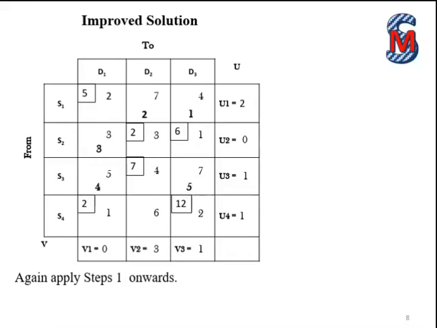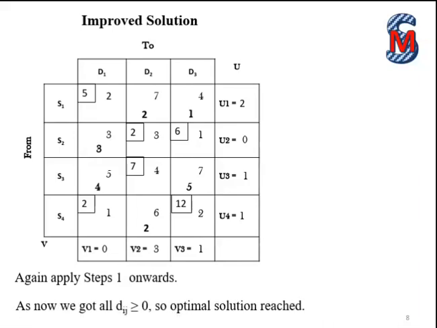Now S4D2 cell cost 6, U4 is 1, V2 is 3, 3 plus 1, 4, 6 minus 4 is 2. Here we can see that we got all Dijs greater than or equal to 0. So optimal solution reached. So as optimal solution is reached, we can now write our optimal solution.